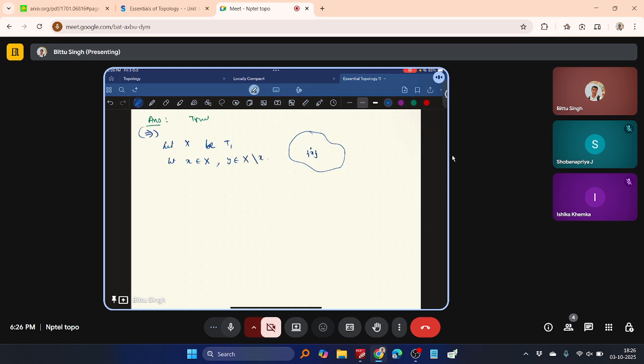Then there exists some open set Uy which contains y, such that y belongs to Uy and x does not belong to Uy. So for any distinct point y, there exists Uy which contains y but does not contain x.